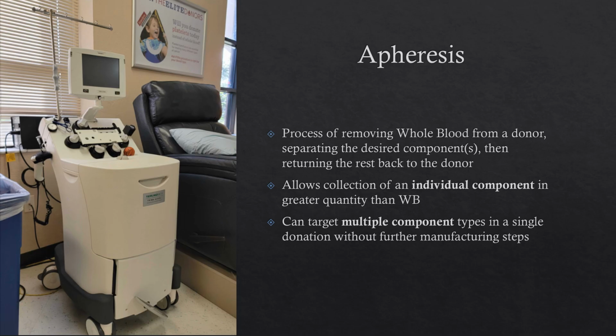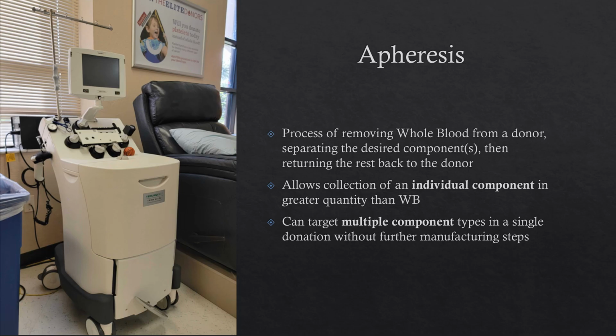There are not very many platelets in the plasma of a whole blood donation. But in an apheresis procedure, you can target just platelets, and you can get a large therapeutic dose. And in a donor of sufficient mass and platelet count, you can get up to 3 therapeutic platelet doses out of a single donation, which is a huge advantage.